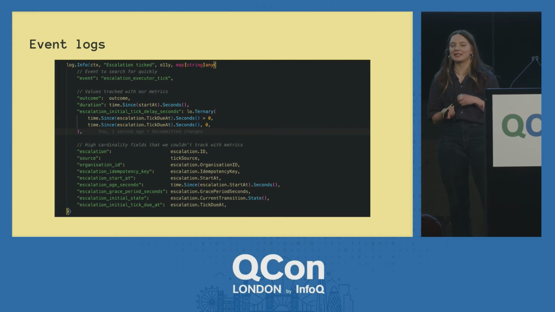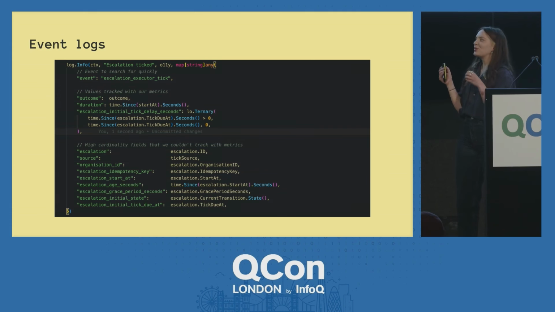It's basically a single, consistently formatted log that you log at the end of your system's single job, alongside tracking your metric. You need to make sure that you're tracking all of the values in your metrics, but then adding all of that extra detail that you get with logs. So specific IDs, anything that would make your debugging journey easier.